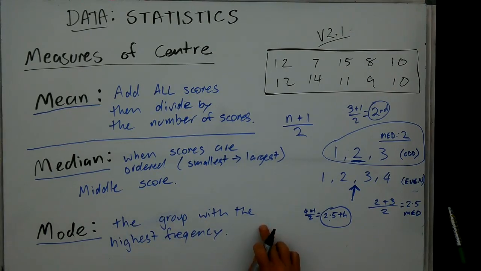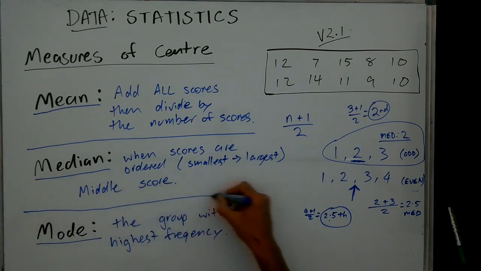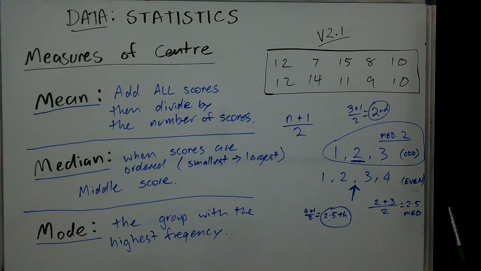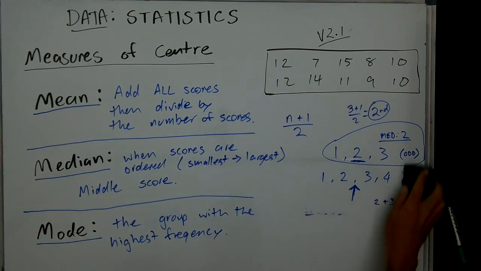So that's the group with the largest amount of data in it, the most frequent score, the most frequent group. That's probably the best way to say it. So it's the score that has the most bits of data. Okay, but I think everyone has seen these before.